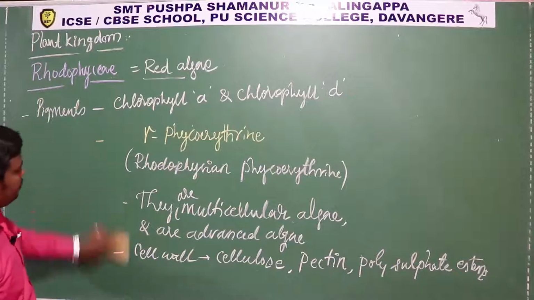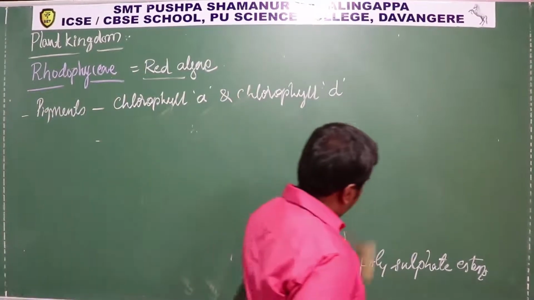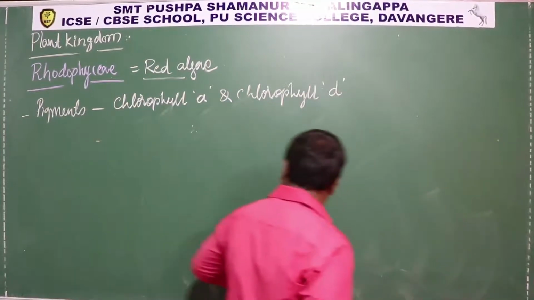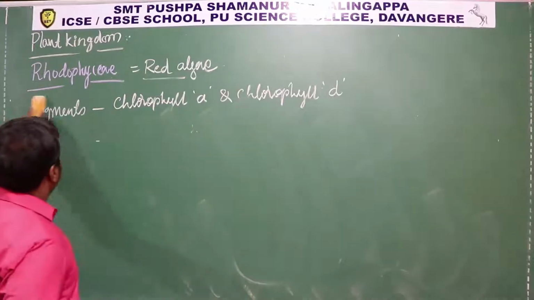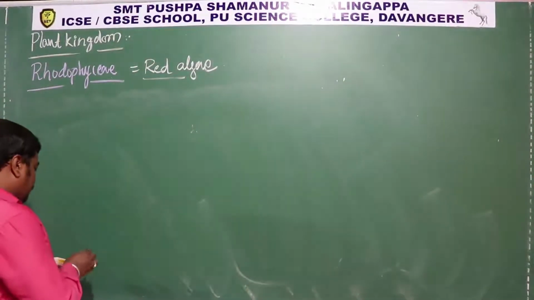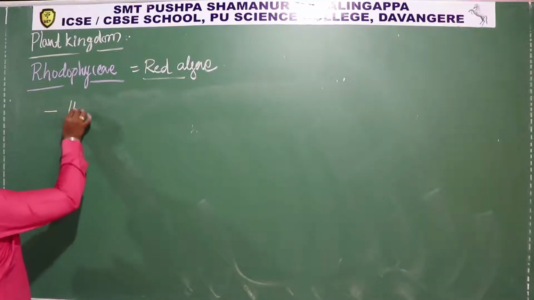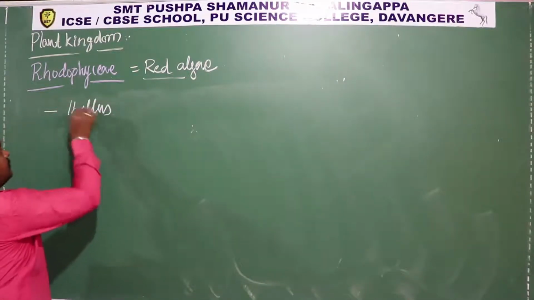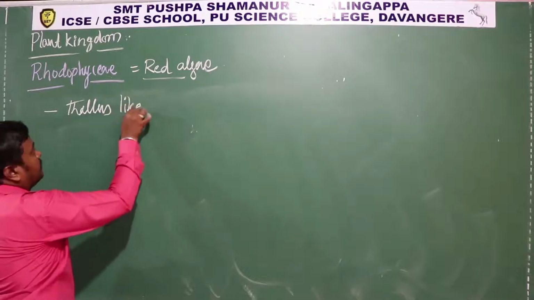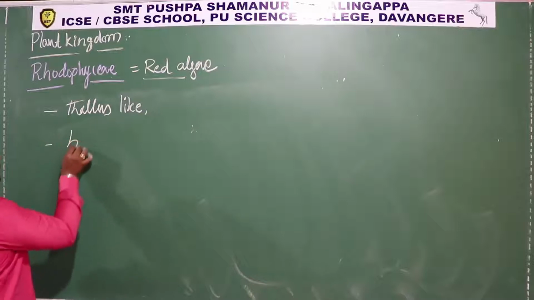Then how do they look? The structure of the red algae is thallus-like or highly branched.